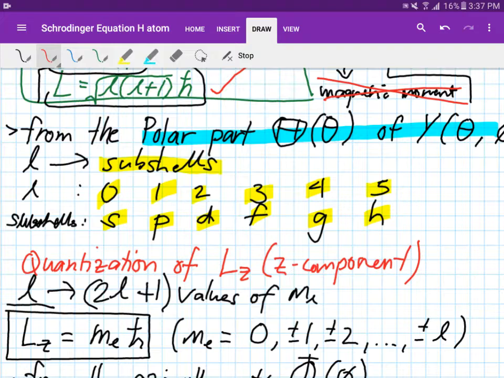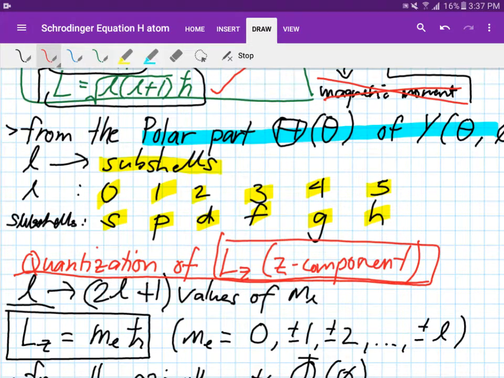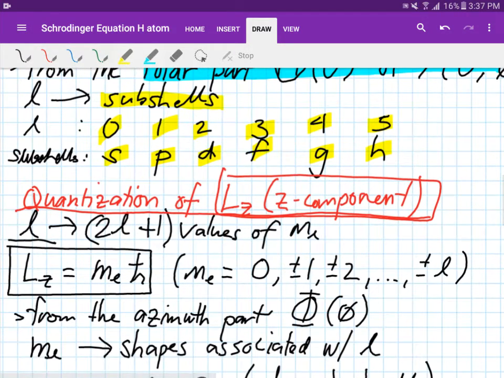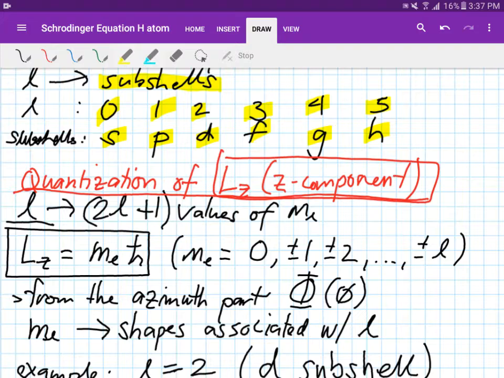It quantizes the z component of the angular momentum, Lz. The z component of the angular momentum is given by Lz equals our quantum number m sub l times the factor of h bar.